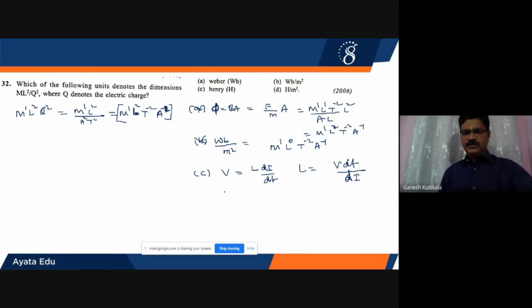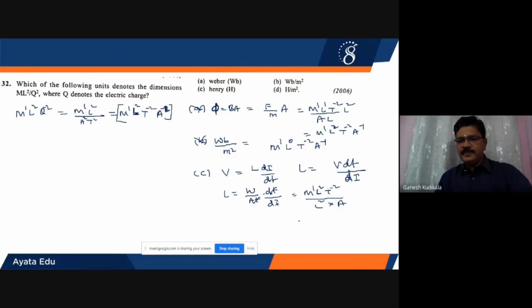Potential difference. So potential difference is work done per unit charge. Work done per unit charge is current into time into dt divided by di. So dt and time will get cancelled. Work is M1 L2 T power minus 2, divided by area L square, divided by L square into current. Current is A, I can use.